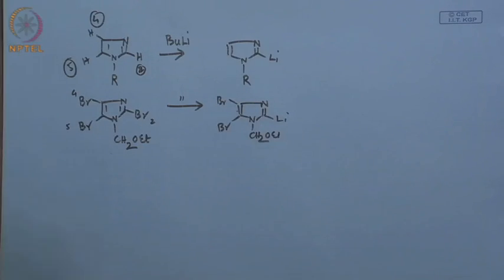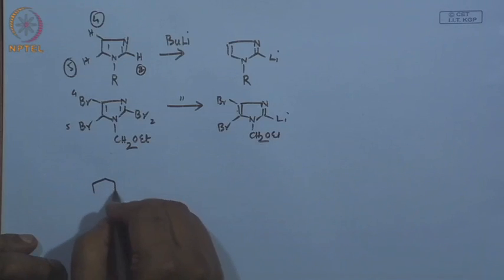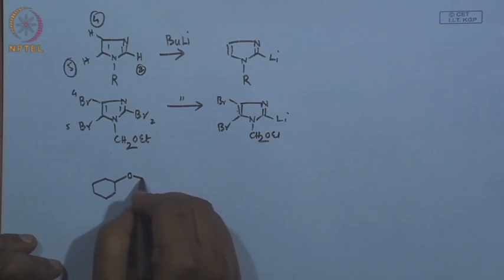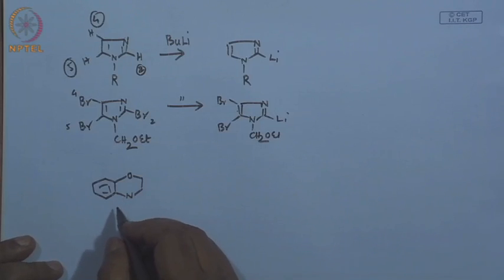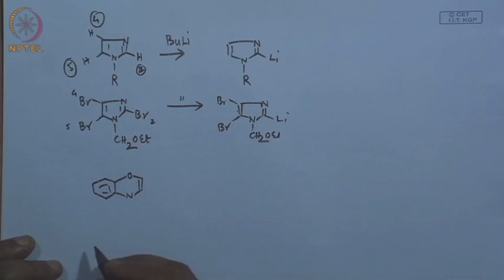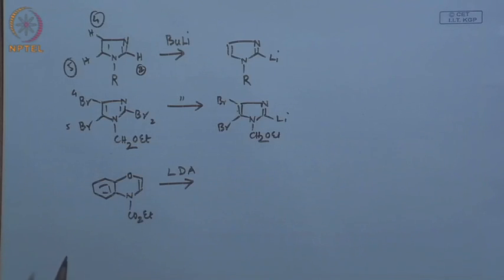Now, let me give you one more example, but it is from a 6-membered heterocycle. You have nitrogen, this is oxygen, a benzoxazine, and an ester group here. In this case, not butyl lithium but LDA.